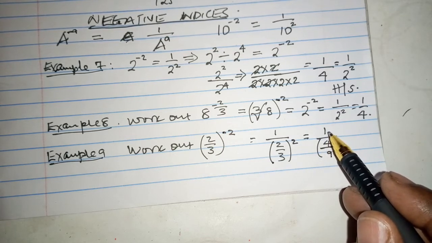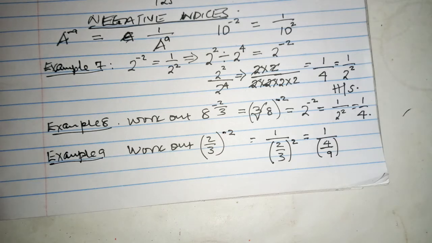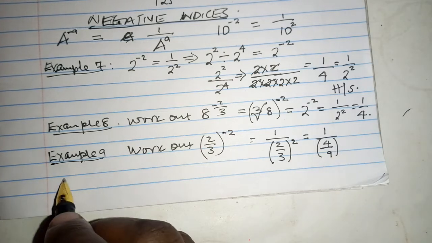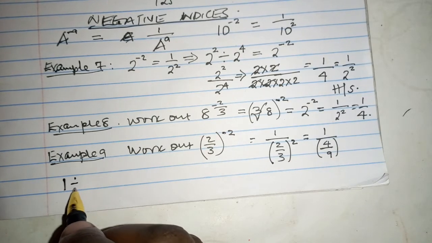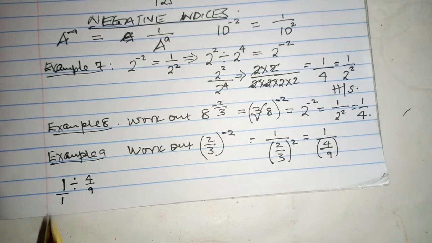1 is a number that is divided by a fraction. We know this is the numerator, so we just have 1 over 1, the numerator, and we have 1 divided by 4 over 9. Of course, 1 is always over 1. Anything is over 1.